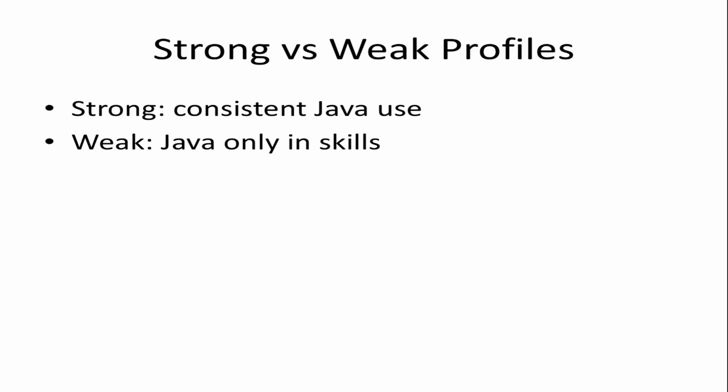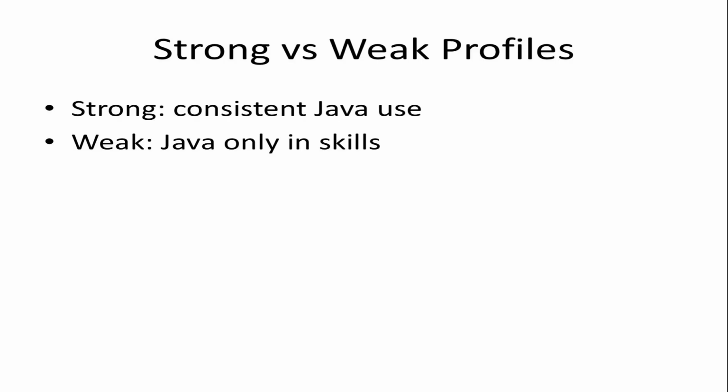Strong versus weak profiles. Strong Java profiles show consistency. Java appears across multiple roles, multiple projects, and the candidate explains what they built. Weak profiles tend to list Java without context, or mix it with many unrelated technologies without depth, right?